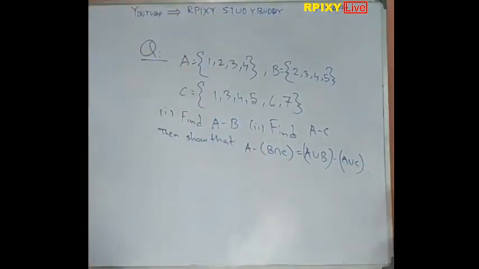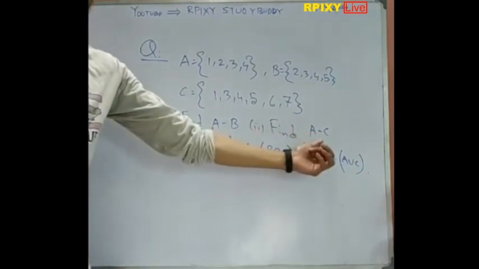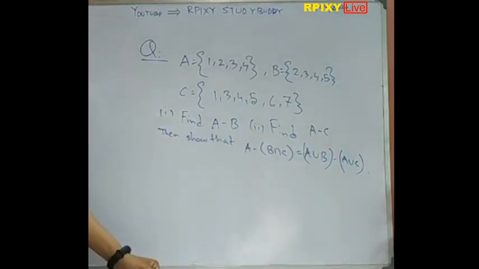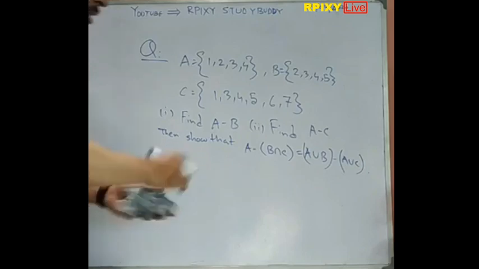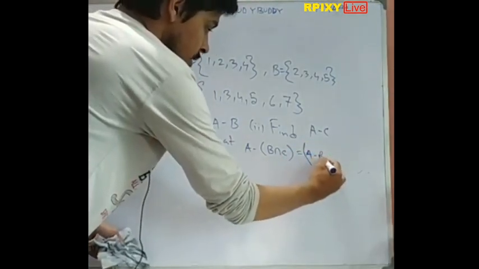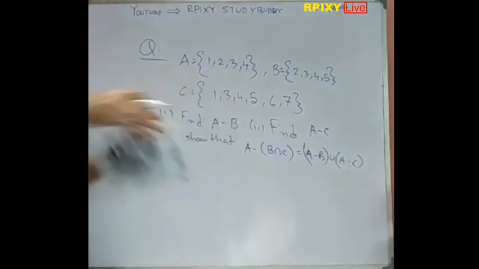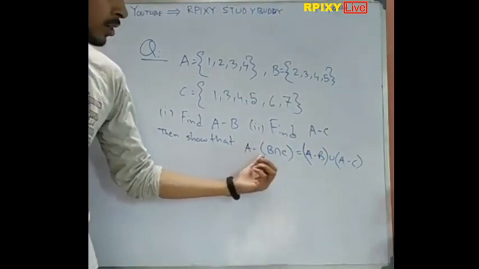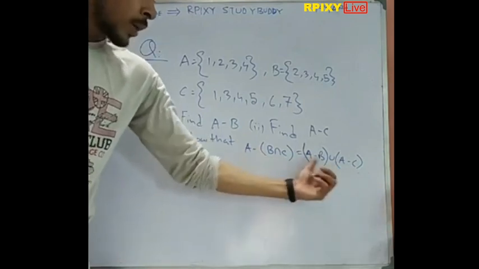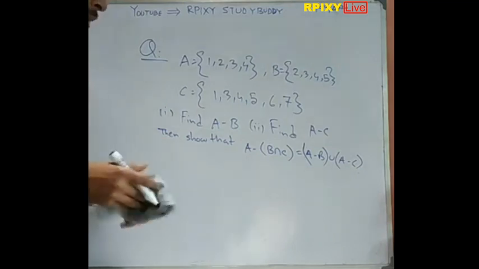So this is the question. A, B, C, 3 sets are given. First find A minus B, then find A minus C. After finding these two, show that A minus of B intersection C is equal to the union of A minus B and A minus C. So we'll do it step by step.